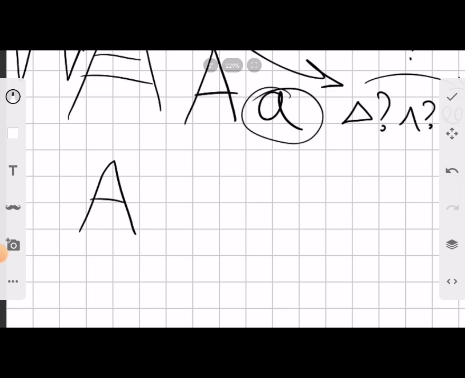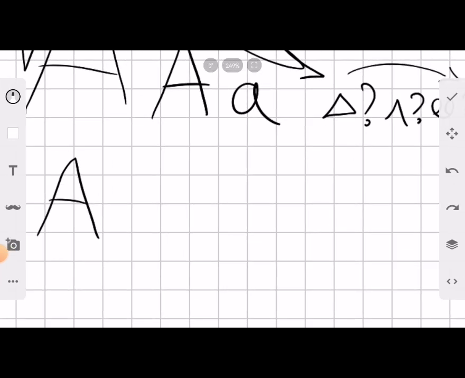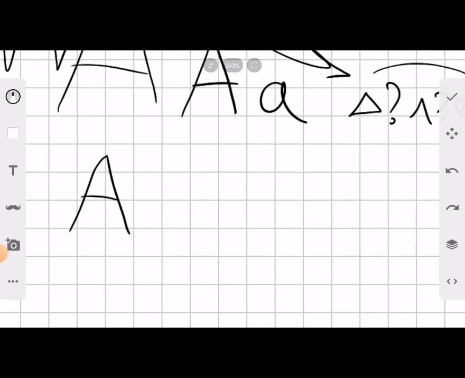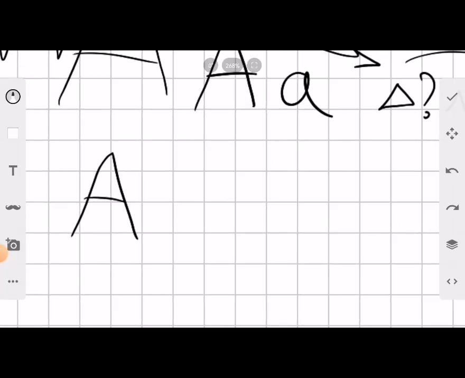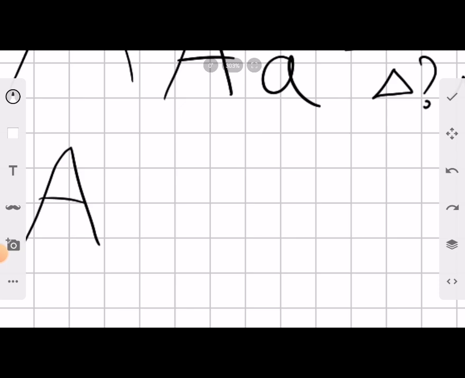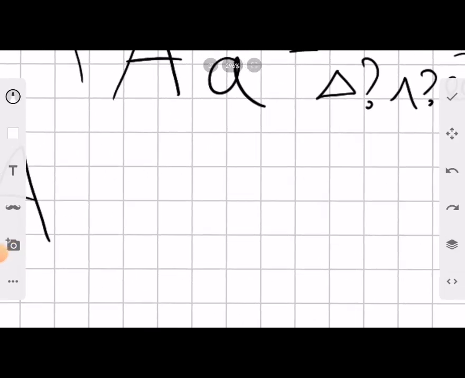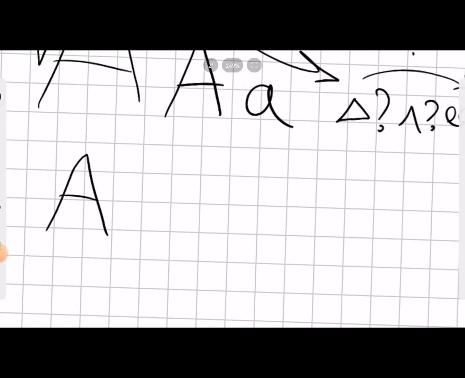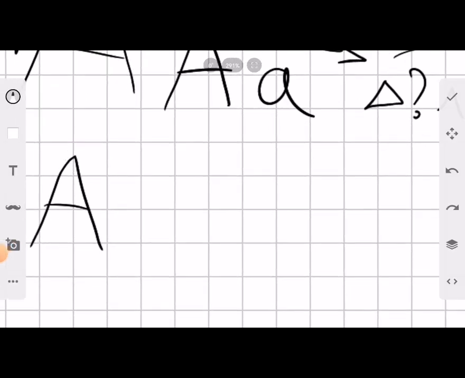They were just simplified from the old letters, from the majuscule letters. It was like this.